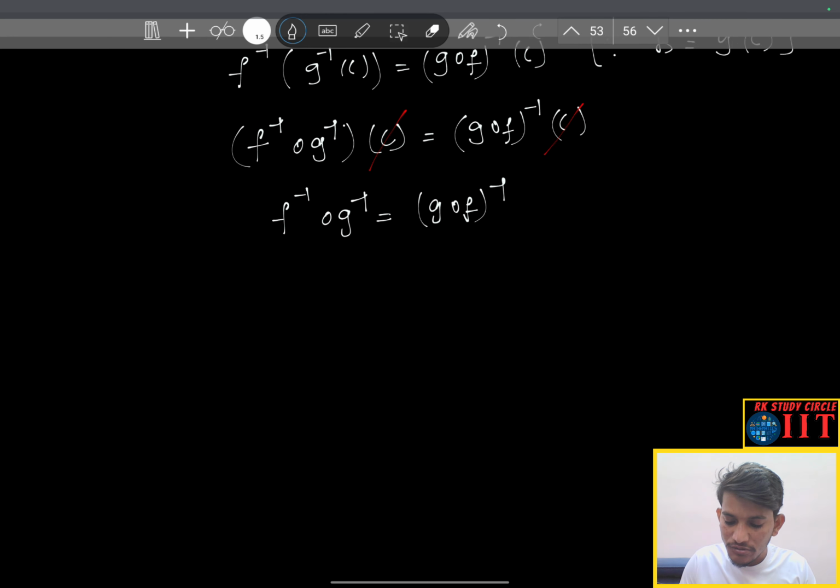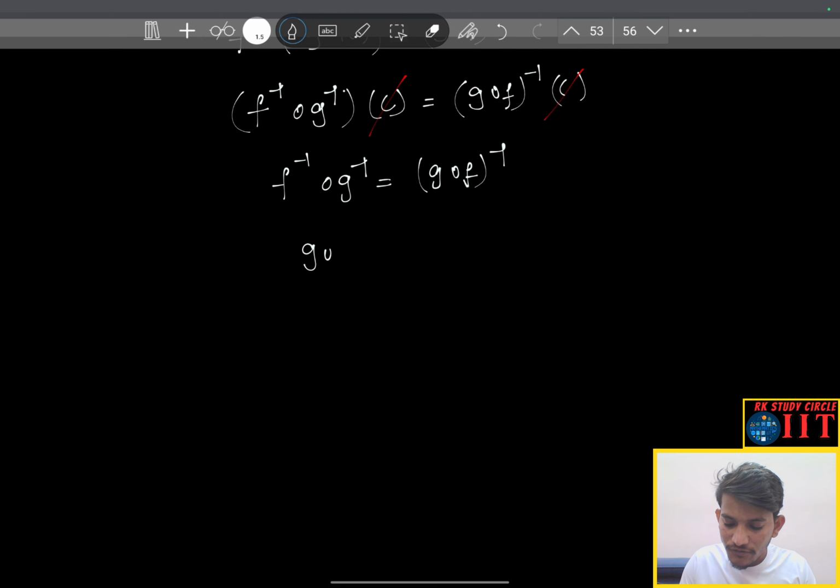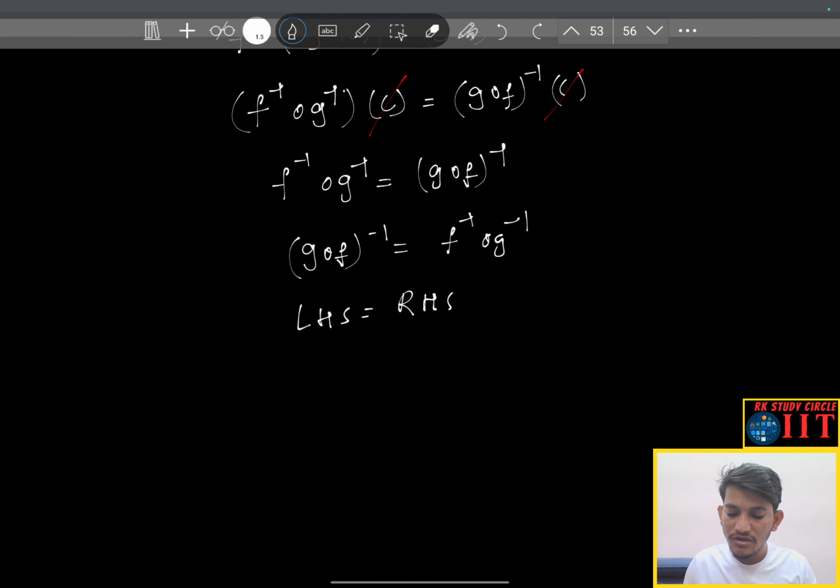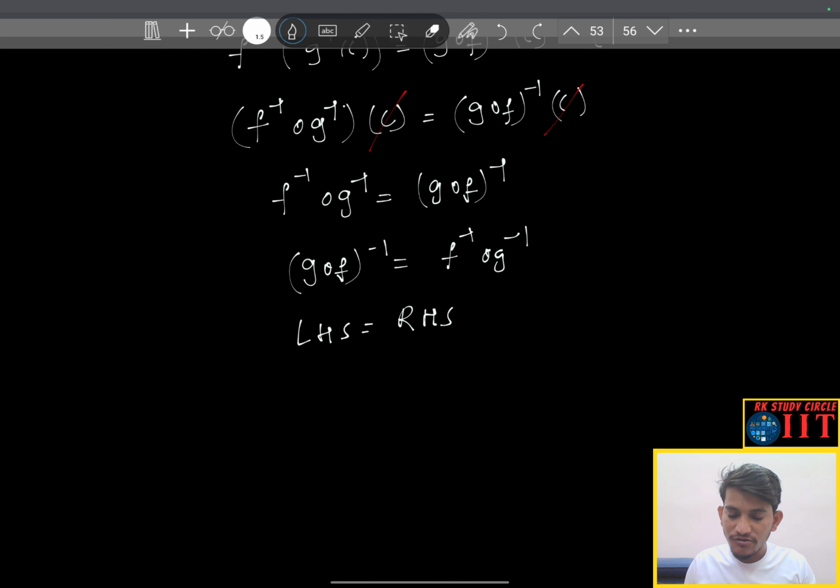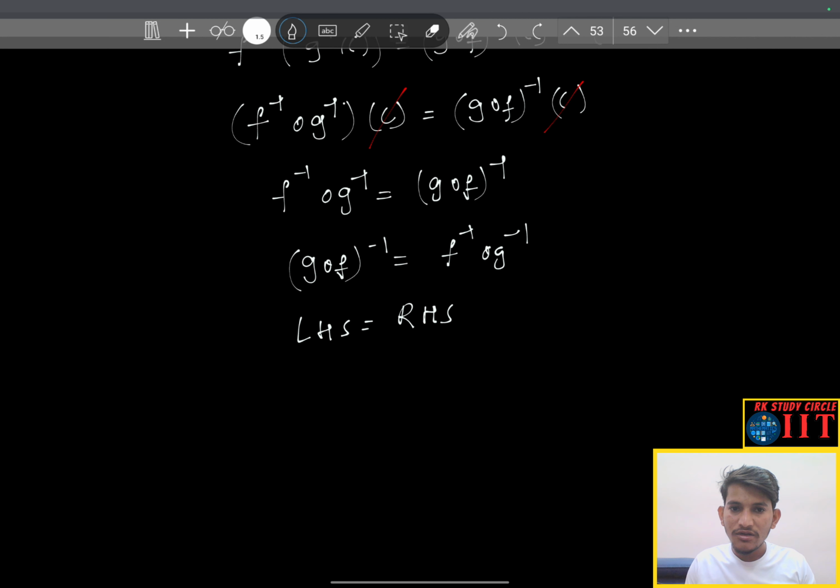So rewriting, (G of F) whole inverse will be equal to F inverse of G inverse. What can you write here? Left hand side is equal to right hand side. Am I correct? This is what they have given in the question, and we are supposed to prove this equation. That is the reason why we are writing LHS equal to RHS.